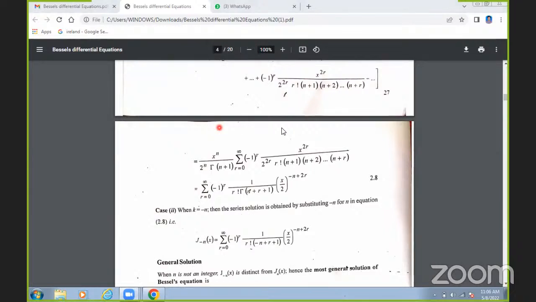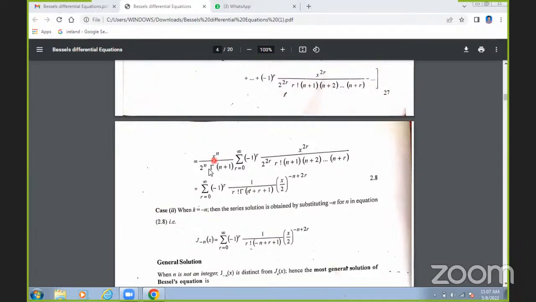So here we are writing this A0 in terms of the gamma function. This entire equation, the summation from r equal to 0 to infinity of minus 1 whole to the power of r, we are writing as it is and rearranging it.